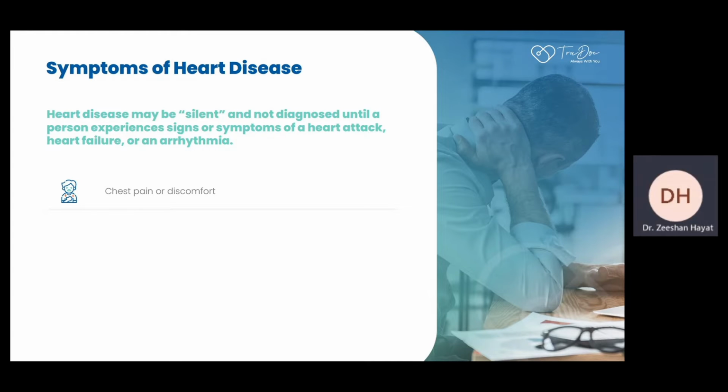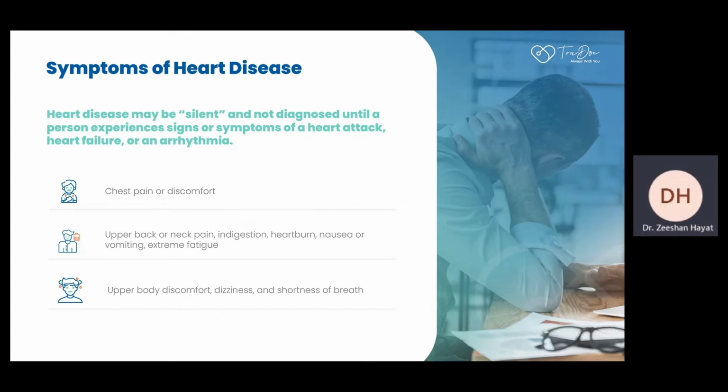But when someone has a heart attack, they will have pain such as chest pain, discomfort, jaw pain, left shoulder pain, nausea, vomiting, and body aches as well. Every individual varies; there's no specific sign anyone has when having a heart attack.